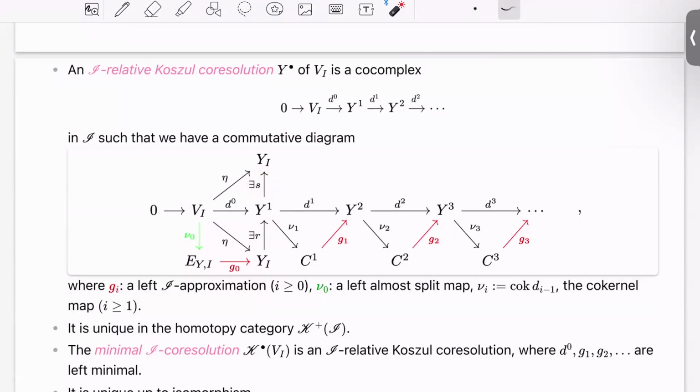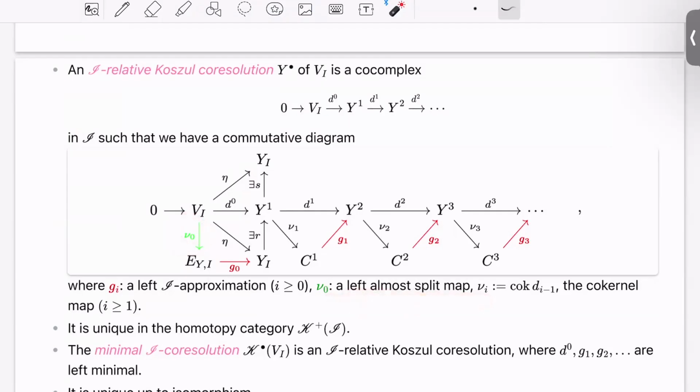And then the other is simple. Take the cokernel of D0, and then again a left approximation, and compose to have this D1, and then again the cokernel, and then left approximation, and so on. So these red arrows are constructed by taking left approximations, and only this one is a left almost split map.